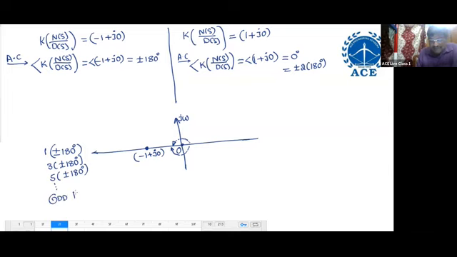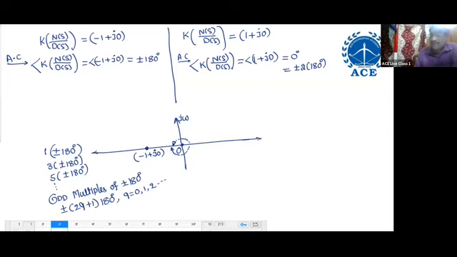Odd multiples of plus or minus 180 degrees. The negative real axis is called odd multiples of plus or minus 180 degrees, or plus or minus (2q plus 1) into 180 degrees, where q is 0, 1, 2 and so on. Substitute q equals 0, 180. Q equals 1, substitute 3 times 180. Q equals 2, substitute 5 times 180.